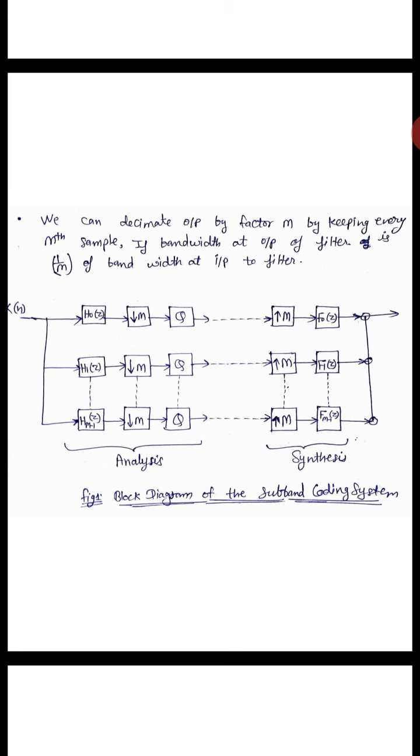After the decimation of the output of the filter has been done, the output is encoded. We can see in this block diagram that the output is encoded using one of several coding techniques like ADPCM, PCM, and vector quantization, etc.